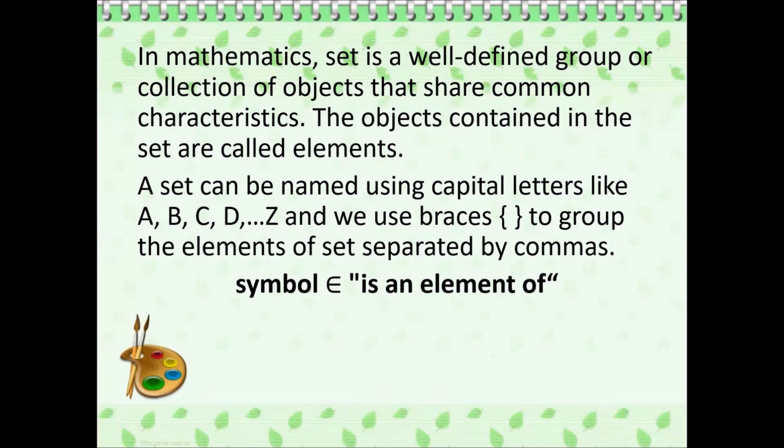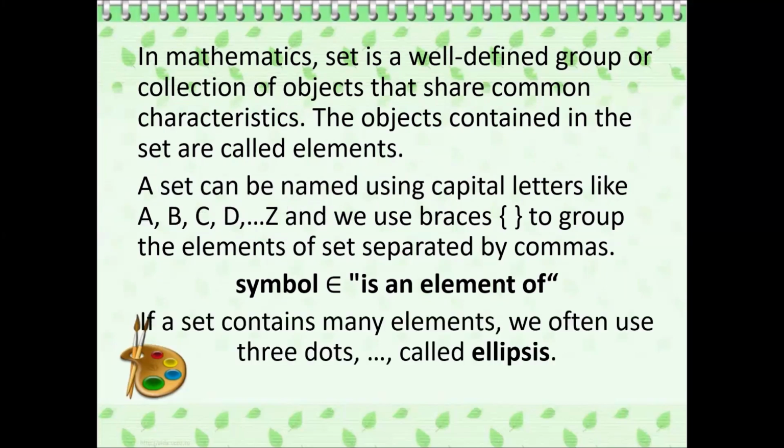This is the symbol, and it is read as, is an element of. If a set contains many elements, we often use three dots, which is called an ellipsis.